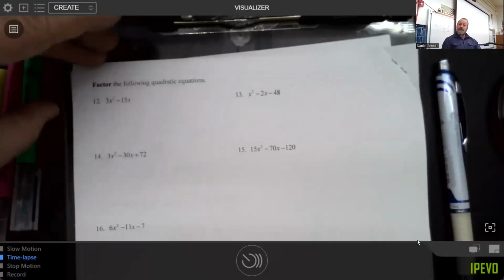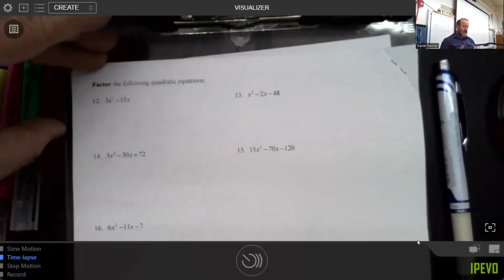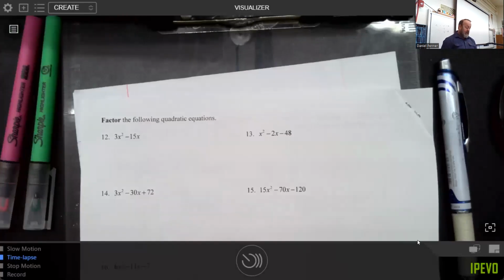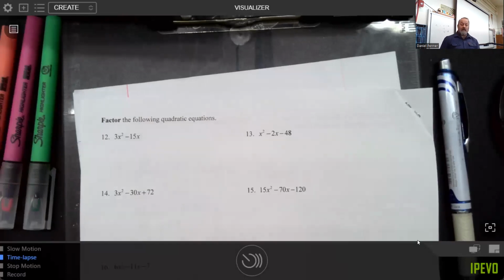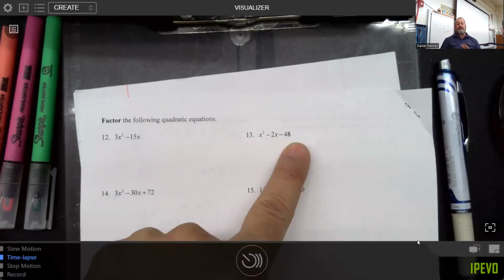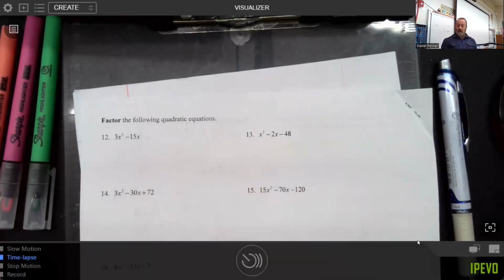One of the things we always want to remember as we look through these problems is to look for greatest common factors. I'm going to highlight a couple of them. When I look at this number right here, it has coefficients of 1, 2, and 48. There's absolutely nothing shared in common with those values.